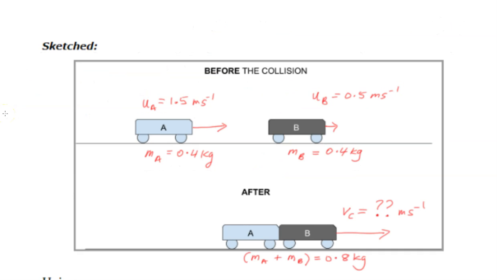I've annotated the sketch with the before collision and after collision. I've got my combined masses afterwards and the velocity of my combined masses, which is the unknown. So let's now plug that into our formula and calculate the final velocity.